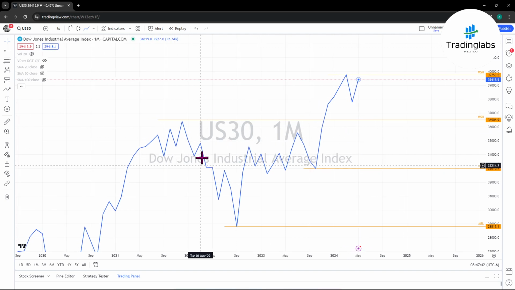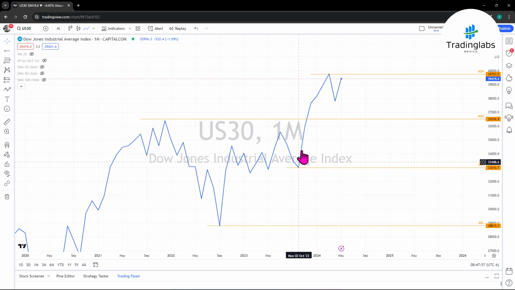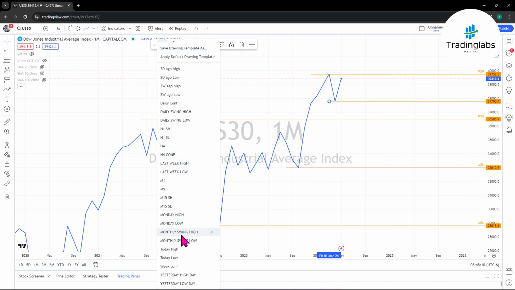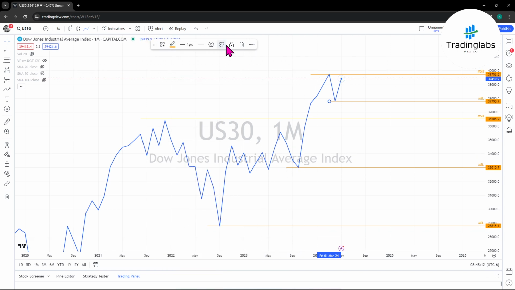You have to understand that the chart is what people made in the past, so you have a clue there. What made the people in the past, when for example they reached this swing high, we do not know. So this is a monthly swing low here.